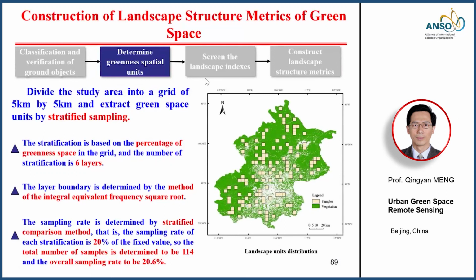Okay, and the layer boundary is determined by the method of the interval equivalent frequency square root, and the sampling rate is determined by the stratified comparison method.